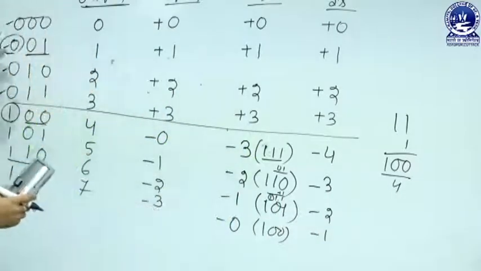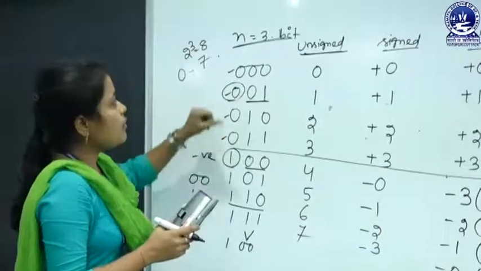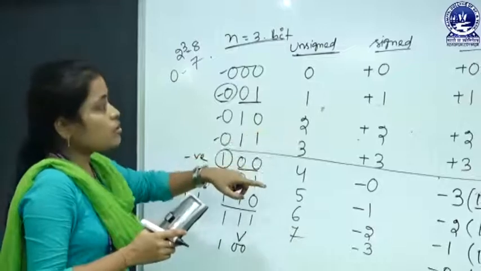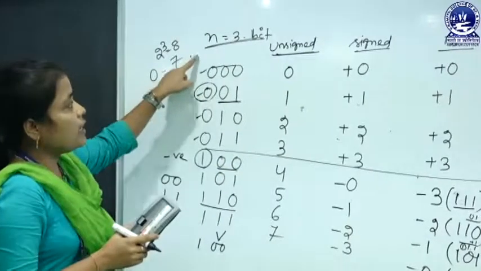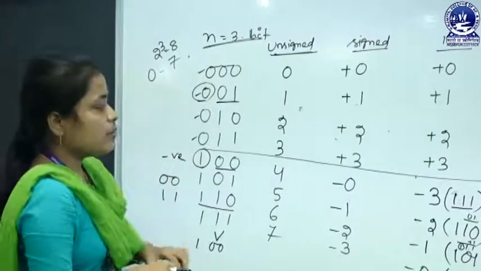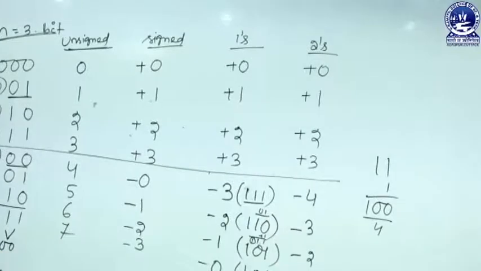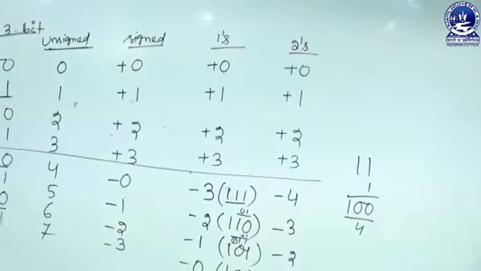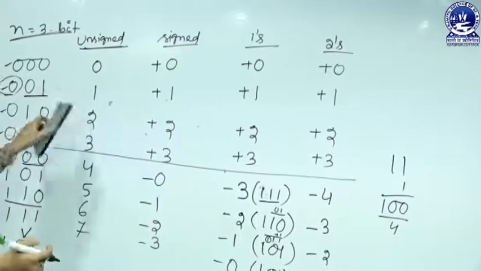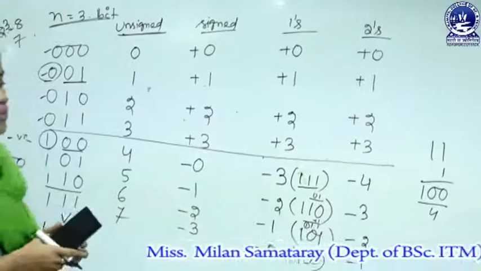Okay. So if in the exam the question is given to find out the signed, 1's and 2's complement for n equals 3 bits, all the binary values, then you have to find out in this way. First you have to find out all the possible binary values, then represent them in unsigned form, signed, 1's and 2's complement. And what is the rule?